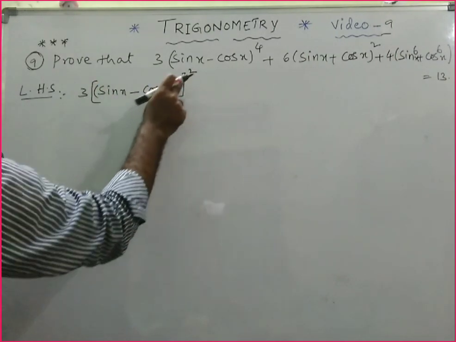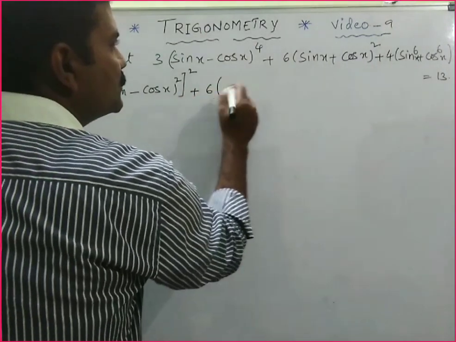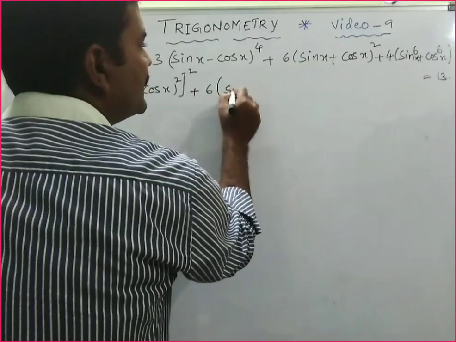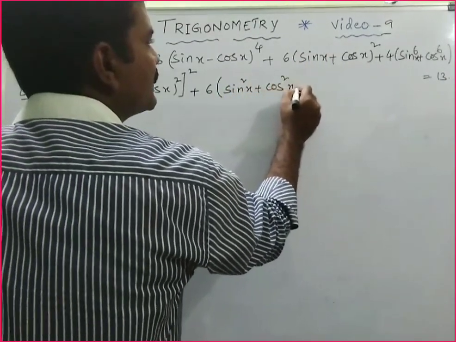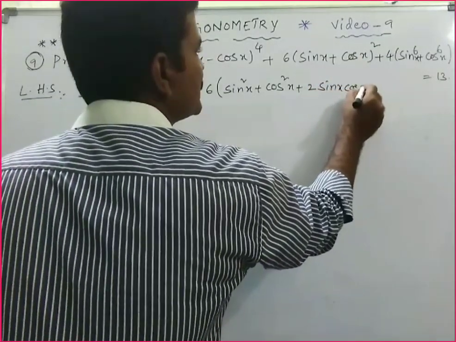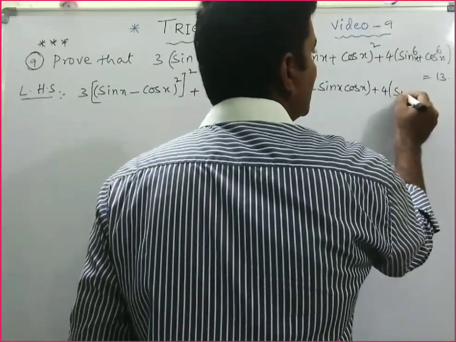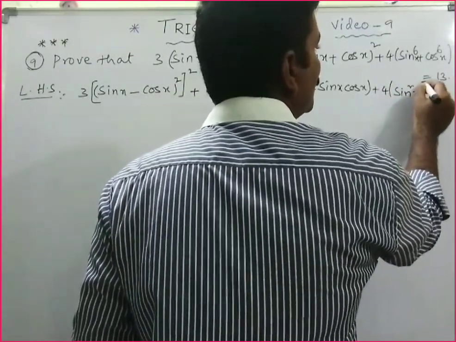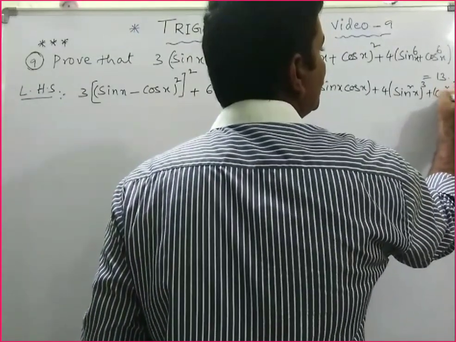Whole square plus 6 into, this you can write it directly, a plus b whole square, a square plus b square plus 2ab, that is 2 sin x into cos x plus 4 into, let us write sin square x whole cube plus cos square x whole cube.